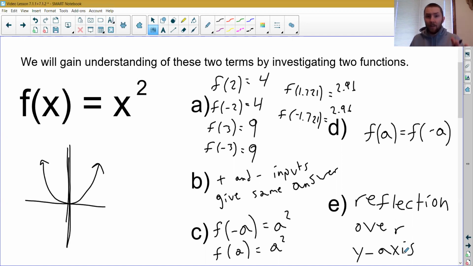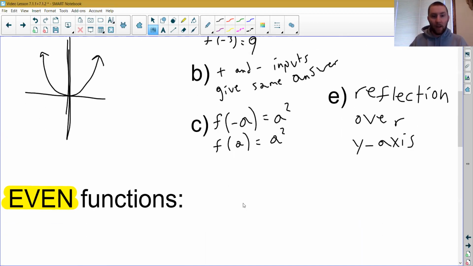Okay, and that is an even function. An even function has to have a reflective symmetry or a foldable symmetry over the y-axis, and it has to have the positive and negative inputs give you the same output. Okay, that is how we identify an even function.